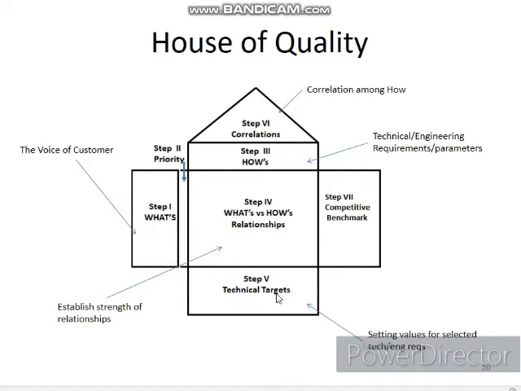But for the nitty-gritty detail on how to do the calculations and so on, I'm going to post one video and one journal paper in ULearn for you to go through in detail, so that you can appreciate the calculation and reasoning being done to construct this house of quality. So please make sure that you watch that video, and also read the journal paper that I supply.